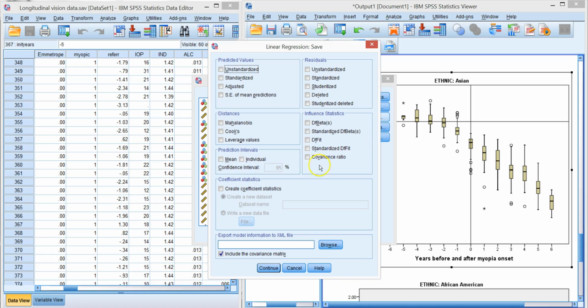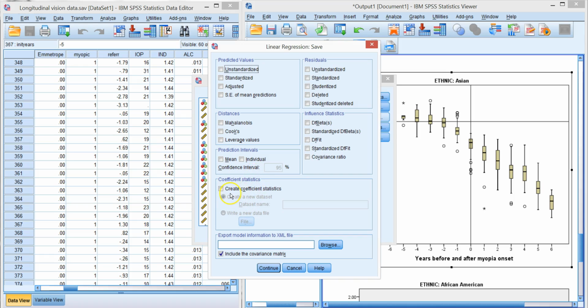Again, more things. The influence statistics show the degree to which one particular observation is impacting the whole curve. That's why we do the trimmed values, so that individual numbers don't have such a big influence. Then we can give prediction intervals for either the mean, the line that is, or the individual observations.